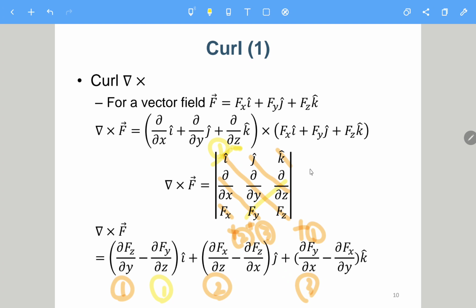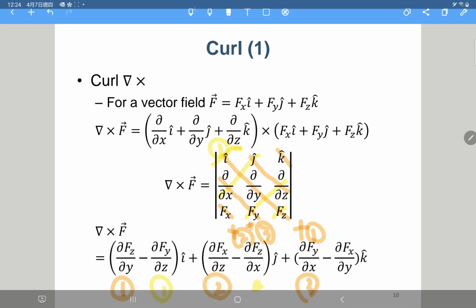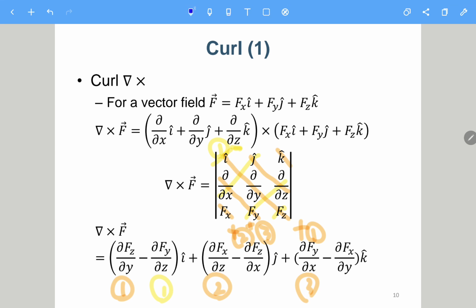Okay, so for the second one, j hat partial x fz. This is the second term, with the negative sign.